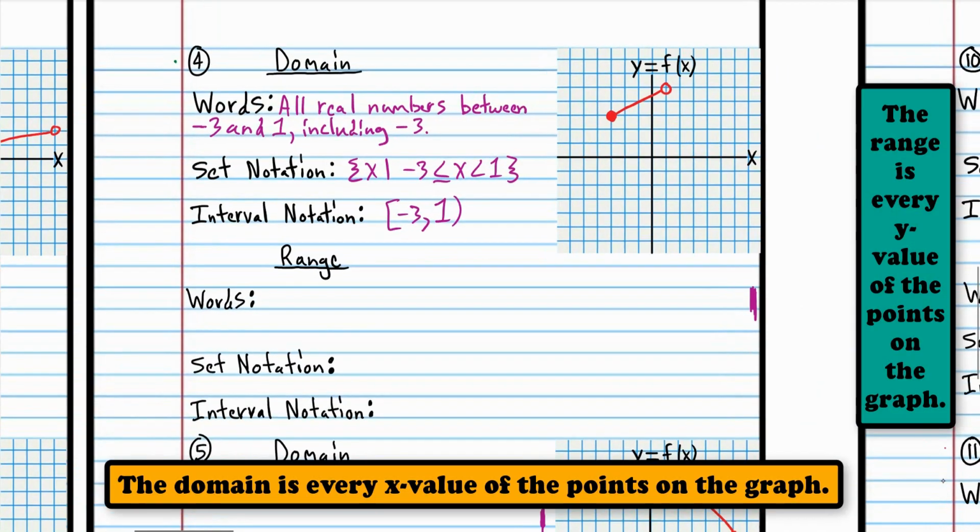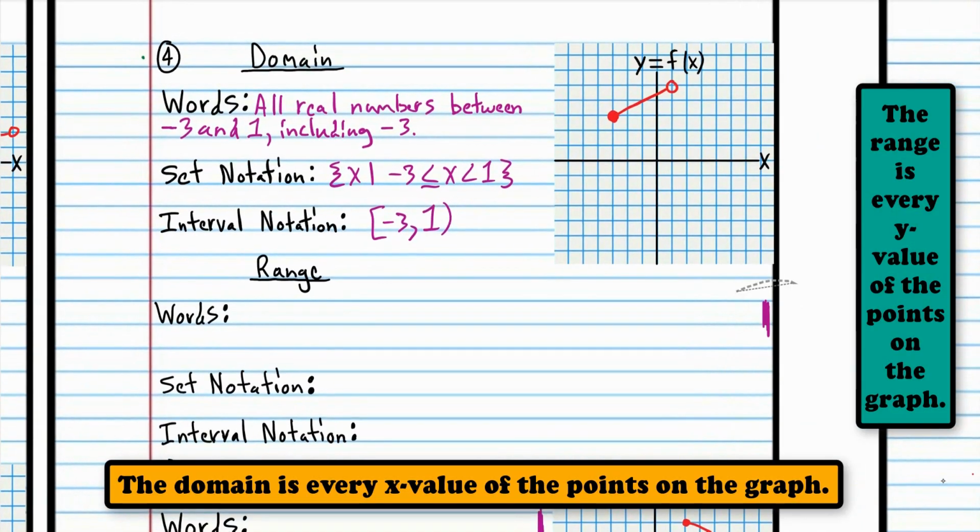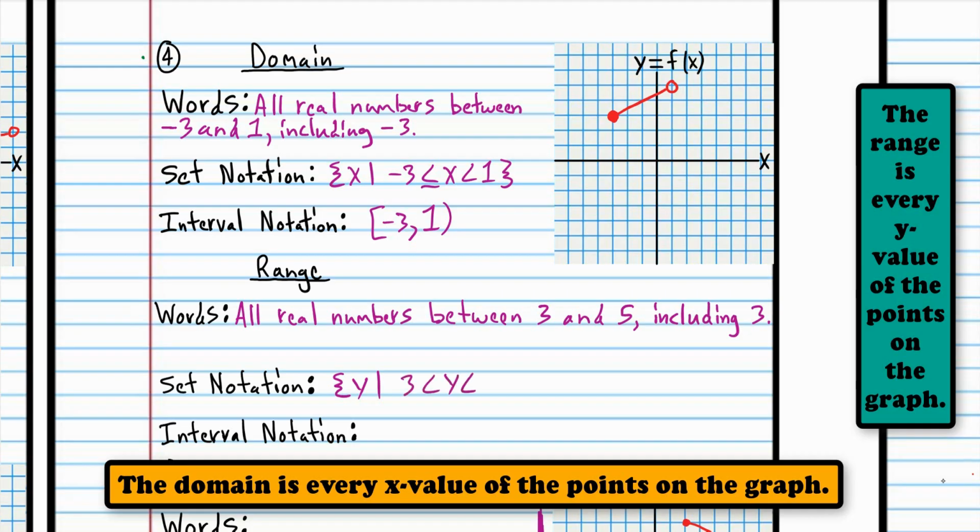So if you got that right, good job. The range is all real numbers between 3 and 5, including 3. So if you got that right, good job. The range is the set of all y values such that y is between 3 and 5, but including 3.